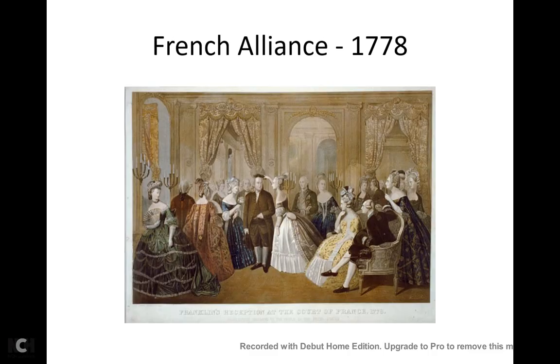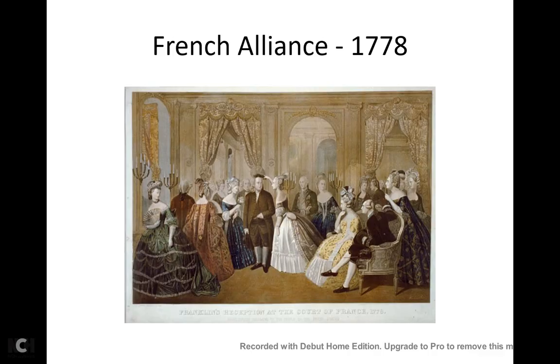So Franklin plays up the role of the simple bumpkin colonist, but he's very skilled at bringing in the French in first military aid, uniforms, supplies, guns. The American Continental Army carries French muskets. And then later, at the end of 1777, the announcement of a formal alliance.